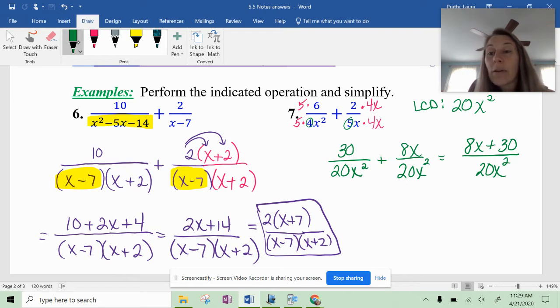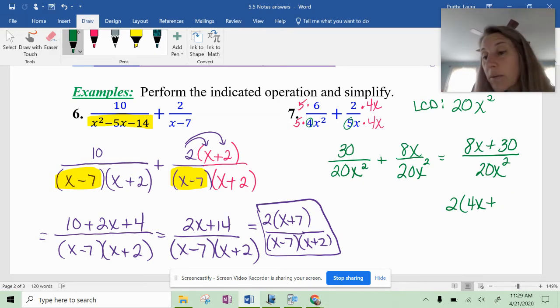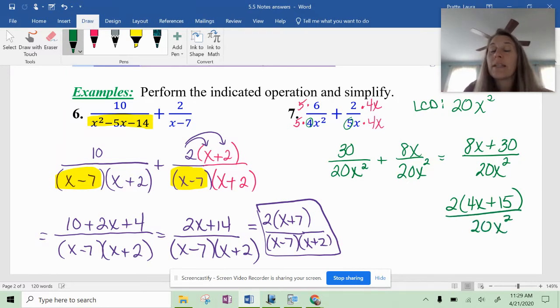Now I can take out a GCF here of 2, I think, which will leave me with 4x plus 15, right? Now, it's important that we do that in this problem because you'll see that even though I can't do anything with my 4x plus 15, because that's a binomial and you would need an entire other 4x plus 15 to cancel it, it's all or nothing.